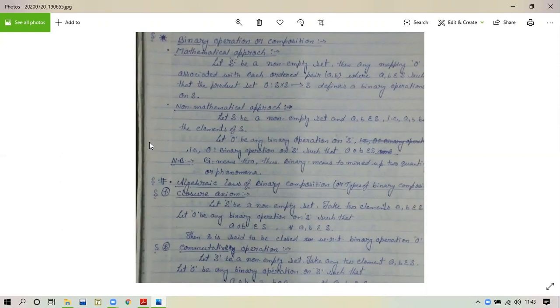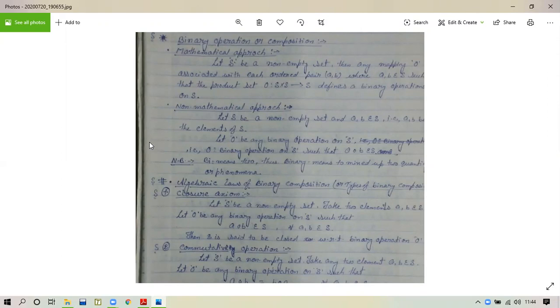For this, we take a non-empty set. Let S be a non-empty set, and then we can construct a mapping O, or we can also say star, associated with each ordered pair (A, B) where A and B belong to S, such that the mapping O from S Cartesian S to S defines a binary operation on S. This is the mathematical approach to define a binary operation.